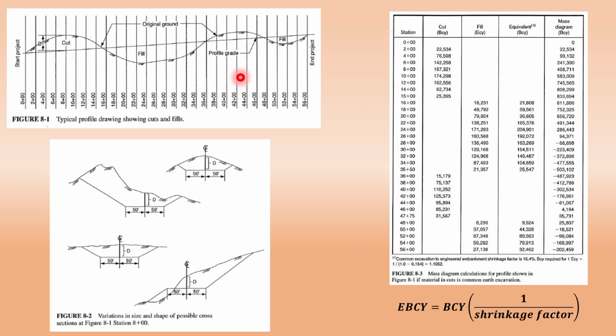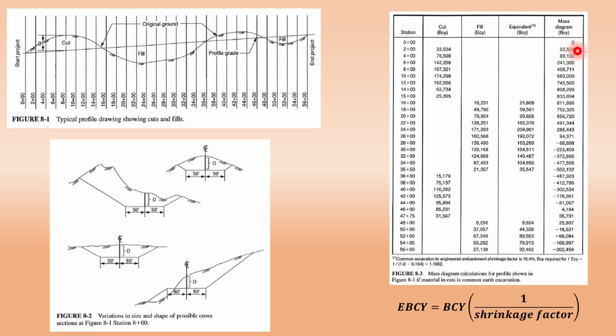So in this cut section of our project here, we need to cut 21,800 cubic yards of material, because when we haul it over to a fill and we compact it, it's only going to occupy 18,200 cubic yards of space.